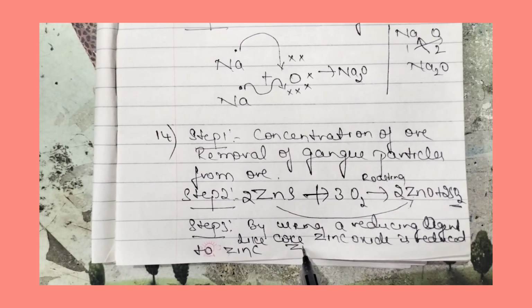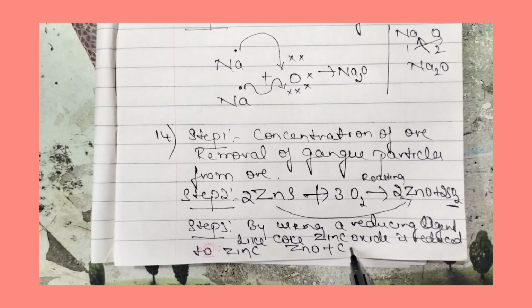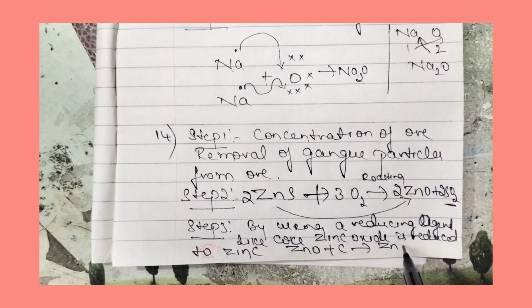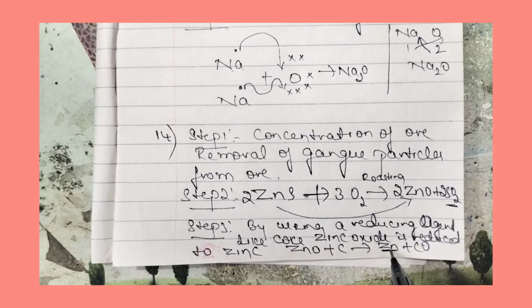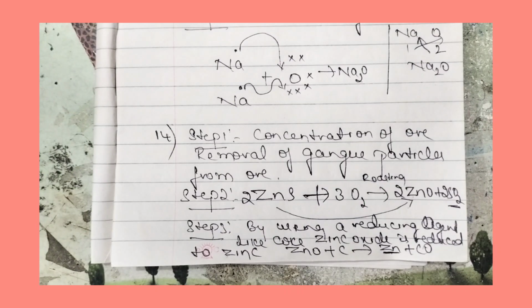That is ZnO plus C gives Zn plus CO. The zinc we get here is not 100% pure, it is a crude metal. So from the sulfide ore of zinc we are getting zinc. This is how to extract it.